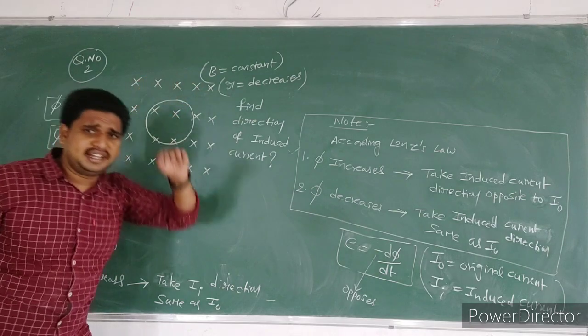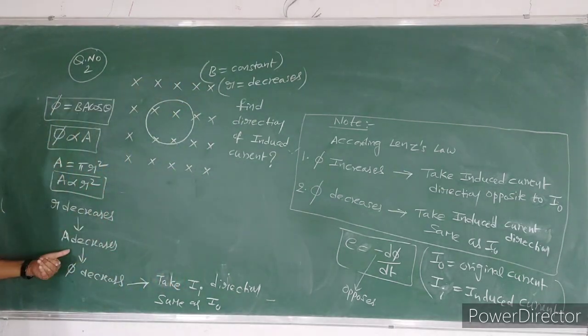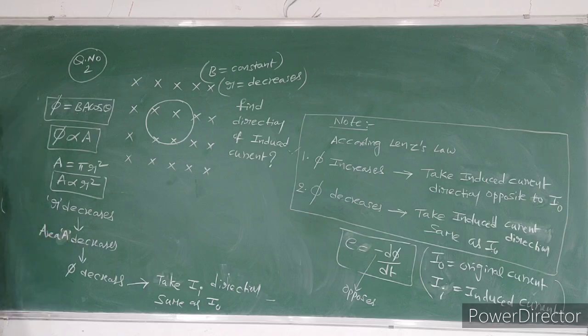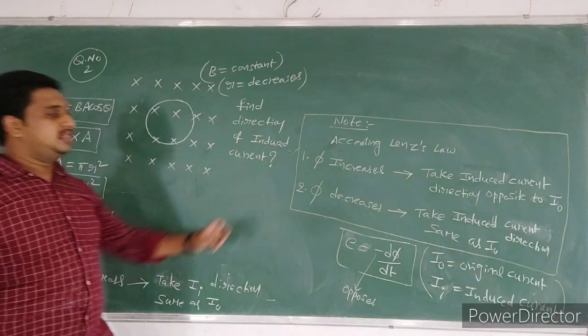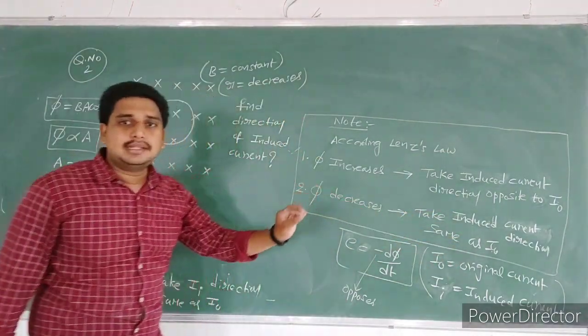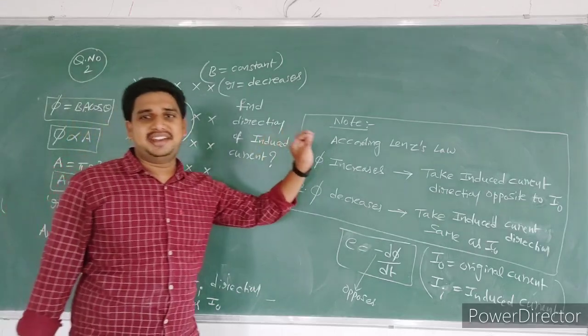If radius decreases, area also decreases. If area decreases, flux decreases. Flux decreases means take the induced current direction same as the original current direction.